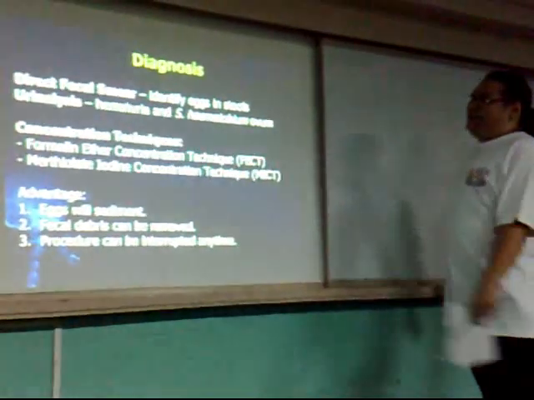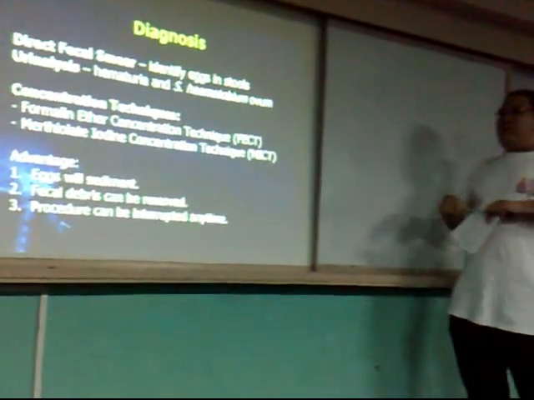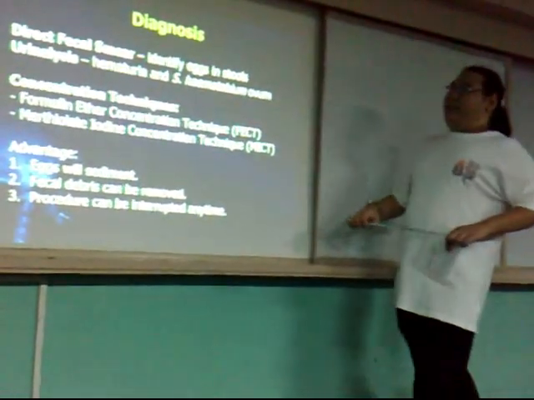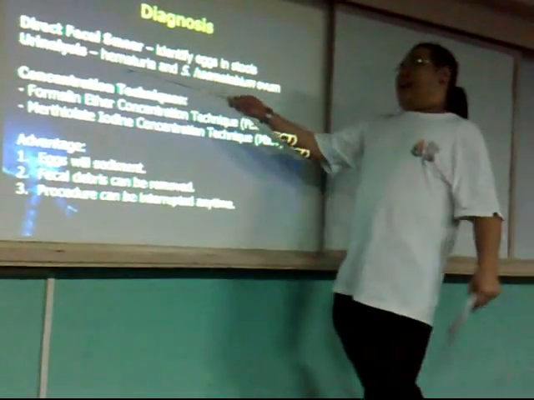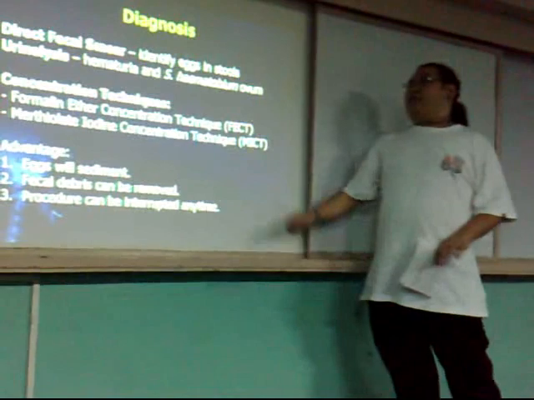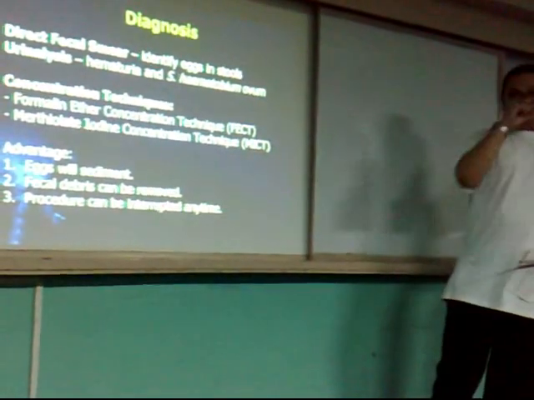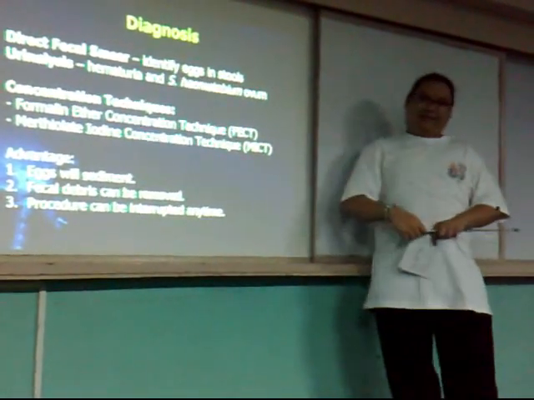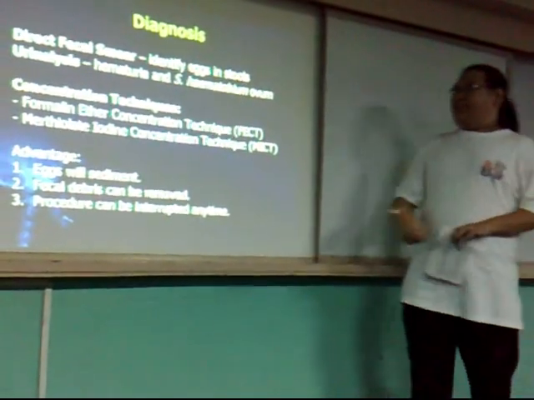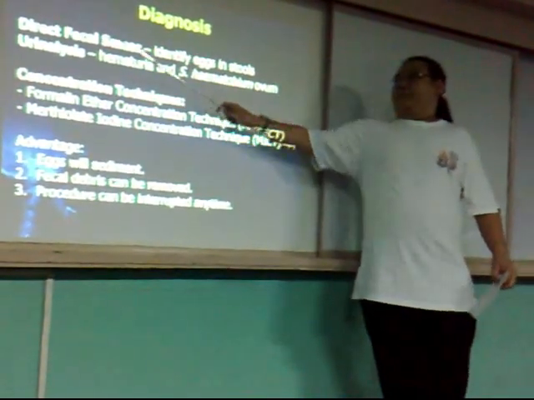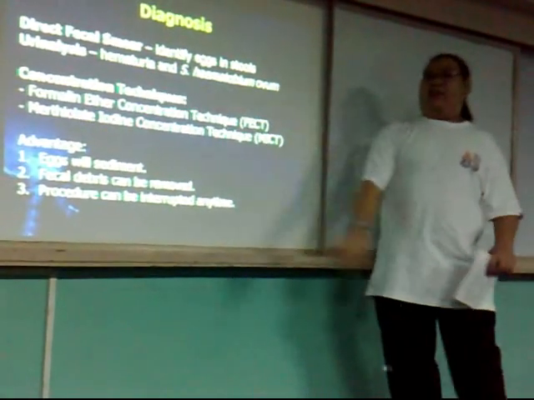So how do we diagnose this disease? Well, obviously, the basic one will be the direct fecal smear. We identify the eggs in the stool, or you can perform urinalysis for haematobium infection. Remember that haematobium is specific for genitourinary schistosomiasis, so expect hematuria or increased red blood cells in the urine.